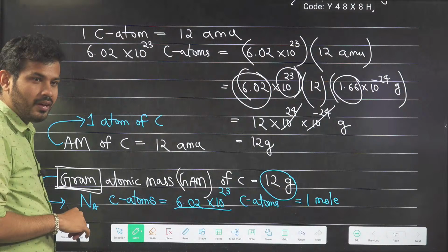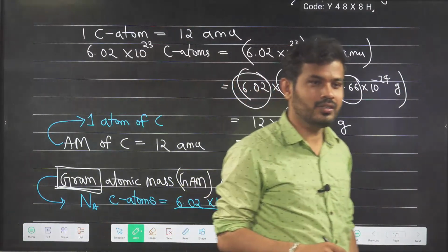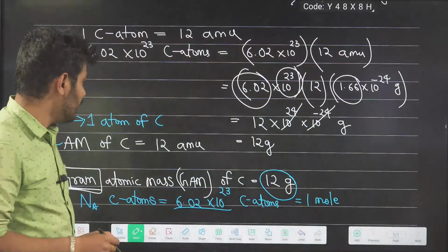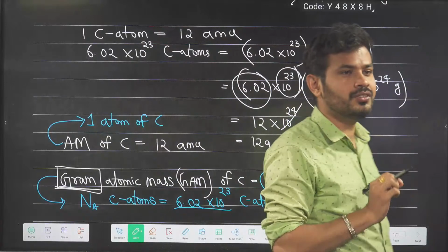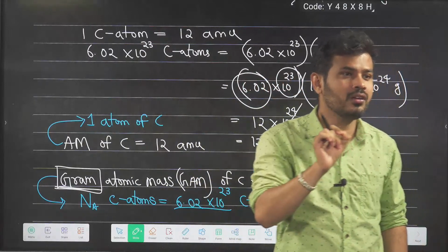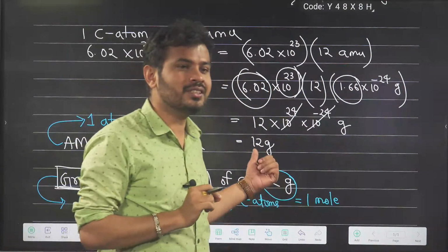In a similar way, score, gross, dozen, all these things are there. Just like that, to count microscopic particles, atoms, molecules and all, which we can't see, we can never see them, they are very small. So to count those small size particles, we use this mole.